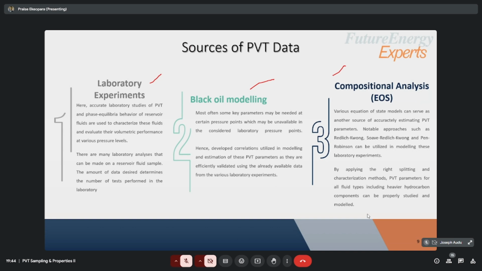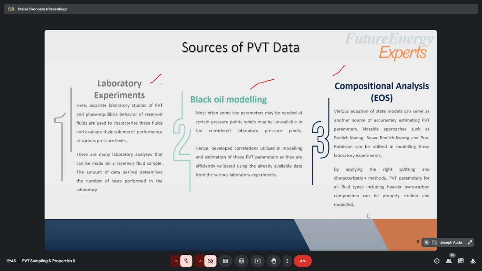That's exactly what the analogous method does. And in subsurface studies, a common parameter there is depth. So their location in depth can be a reference point for us to do all those interpolations and extrapolations to estimate our crude oil PVT parameters. That's the analogous method.